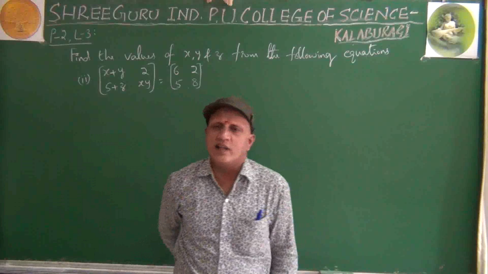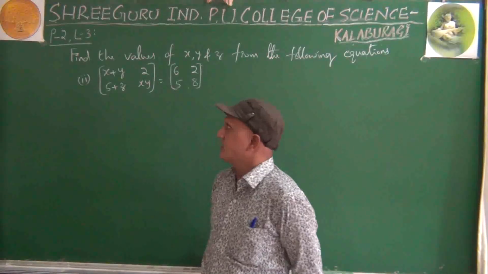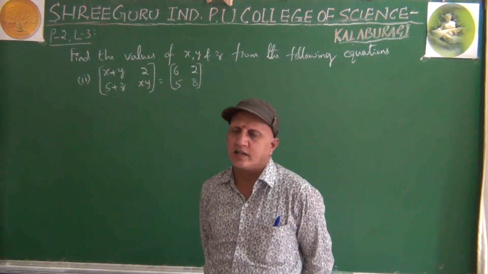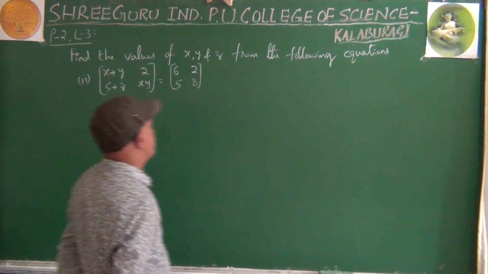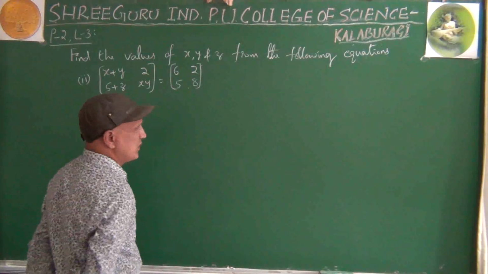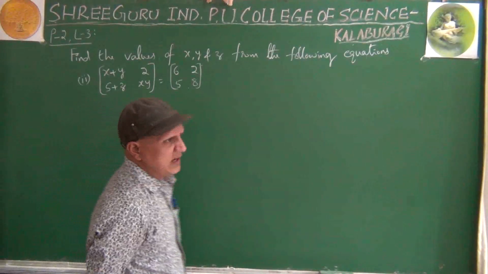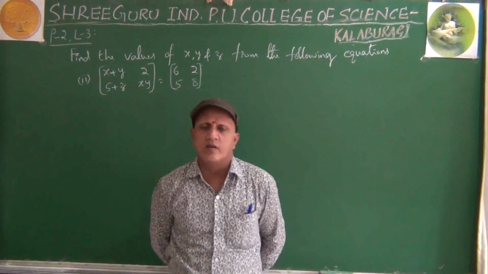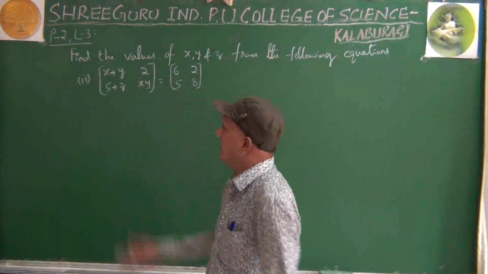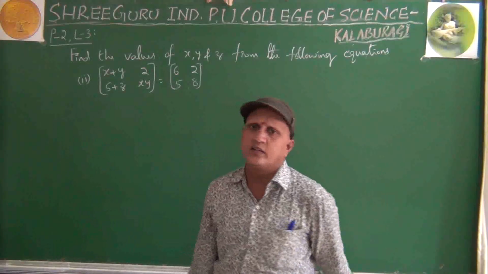Okay, compare with the last question. For this question, a bit of simplification is there. Not a difficult simplification, a simple one. Here also the concept is the same, equality of matrices only. Equality of matrices means the order should be the same, and the order is the same. Definitely they give the question like that only.